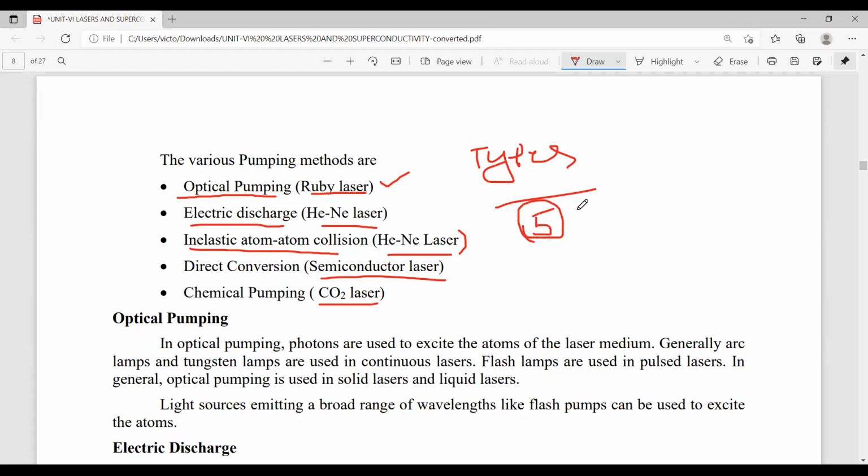Out of these 5, in our syllabus, we have only 2 types of lasers, that is, the ruby laser and the helium neon laser. So these are the methods used for laser light production.